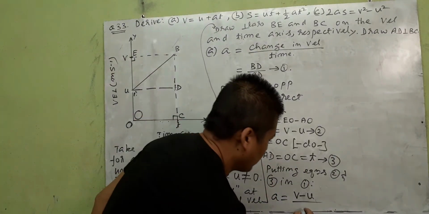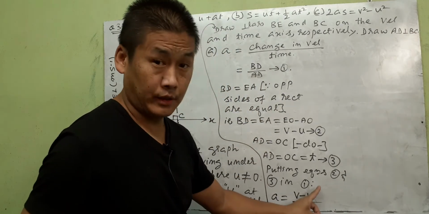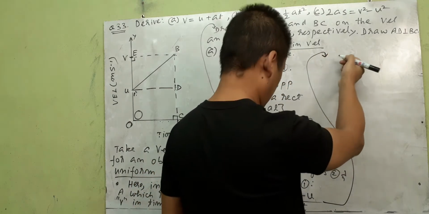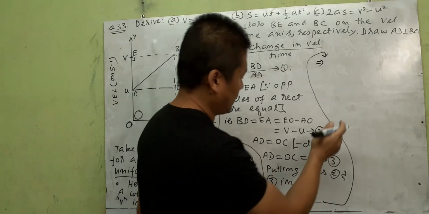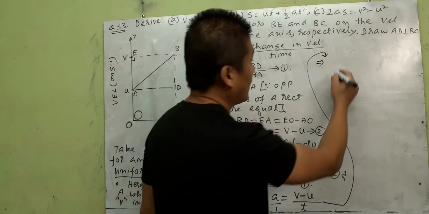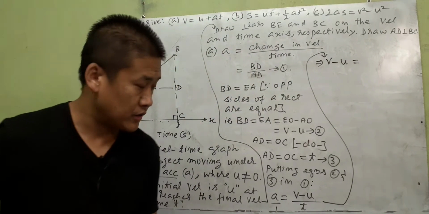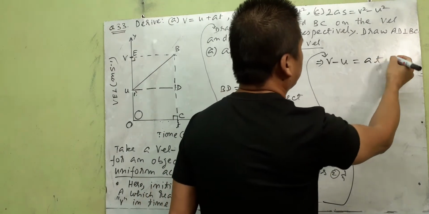That's the meaning of putting the values of equations 2 and 3 inside 1. As we proceed, you cross multiply: a into t is V minus U, since 1 is there. Then t into a is ta or at.